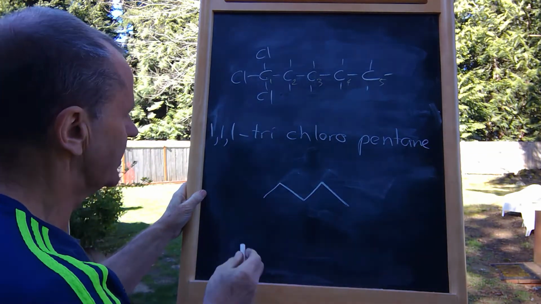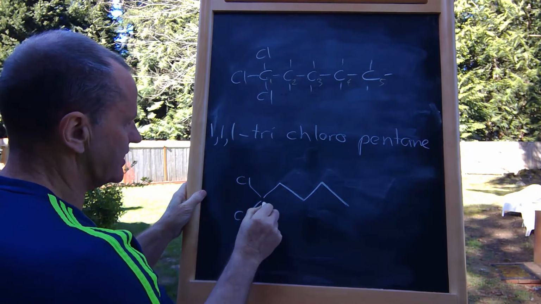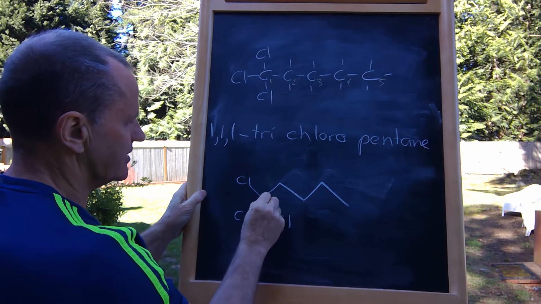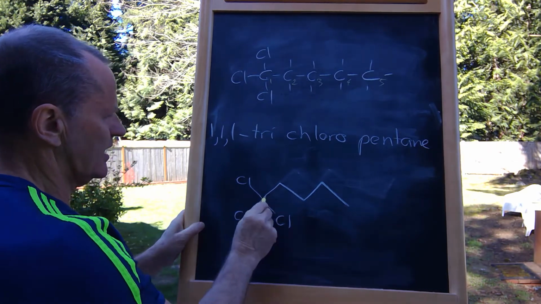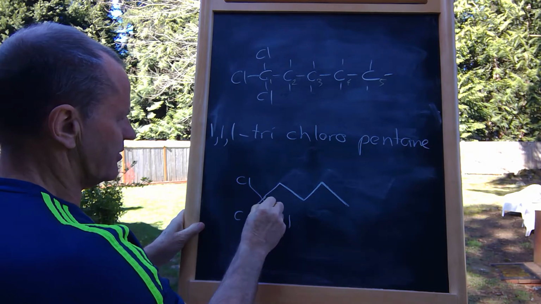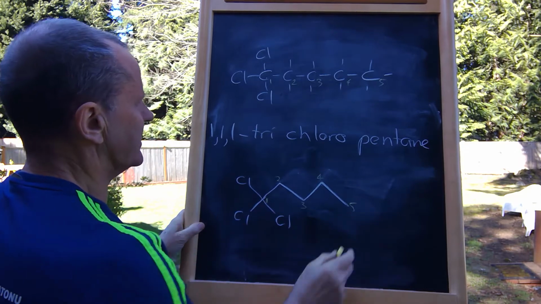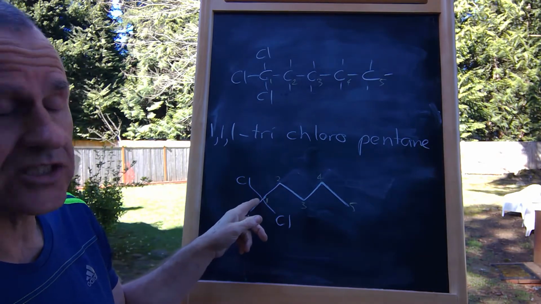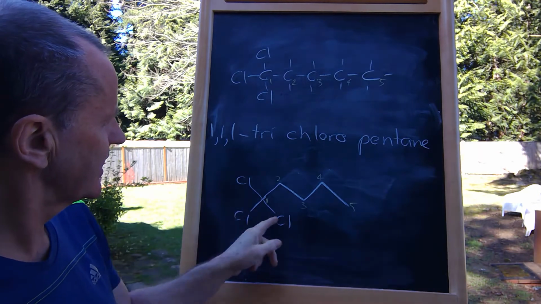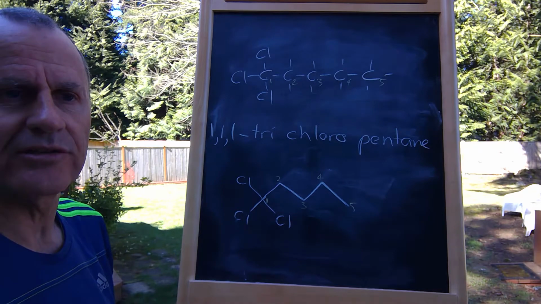Ah, that's good. And then we just do Cl, Cl, Cl. Those are supposed to join. And so here is carbon 1, 2, 3, 4, and 5. So there it is, 1, 1, 1, because they're all attached to the first. Trichloropentane. What an awesome molecule.